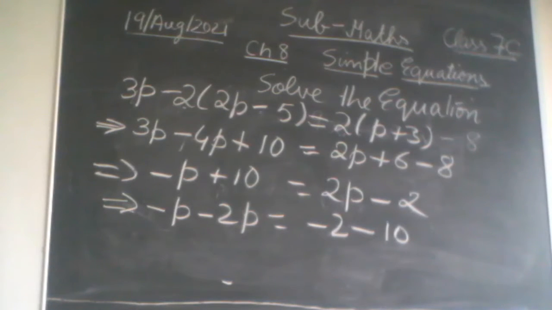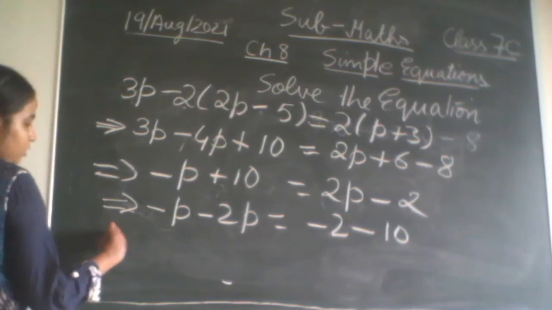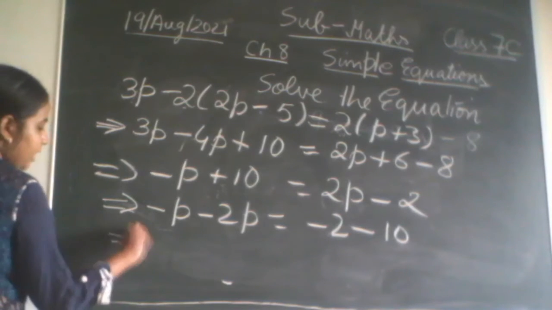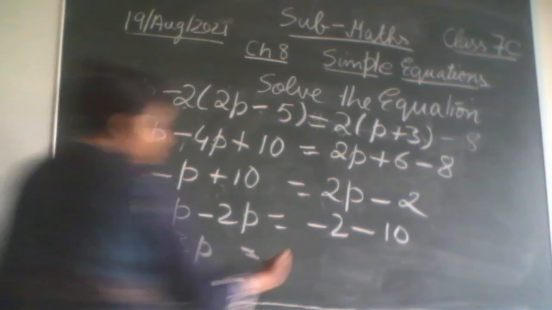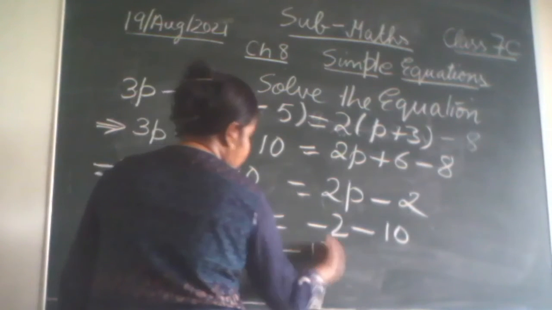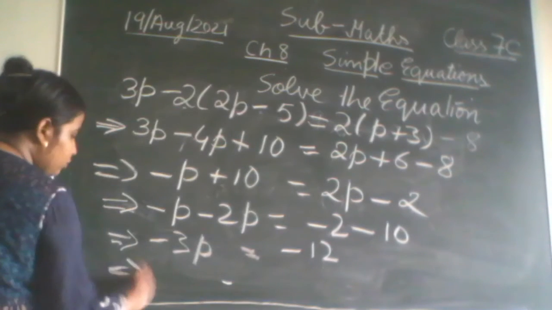Is the transposition correct or not? Ma'am, correct. Okay. So I am left in the LHS as minus 3p and on the RHS as minus 12. So p is equal to 4.